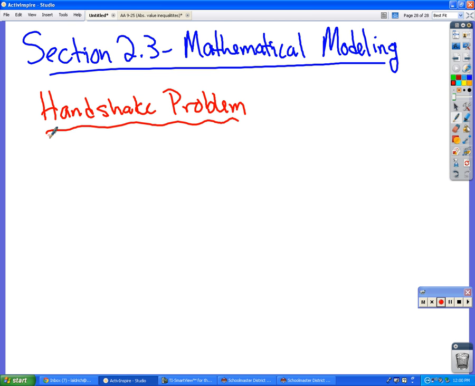And so the question is, can we figure out a formula so that we could determine how many handshakes there would be in this room if there are 4, 8, 13, 17, 20, there are 27 of you in this room. So how many handshakes total would we end up with? Yes?